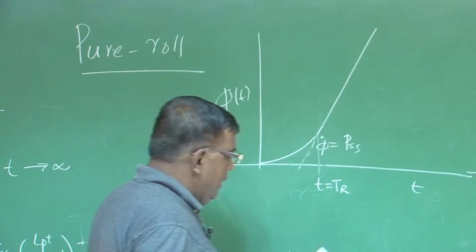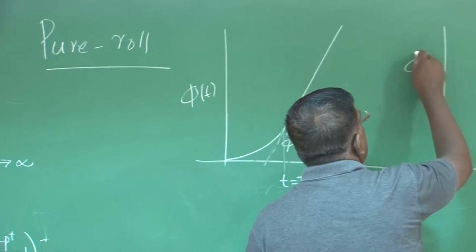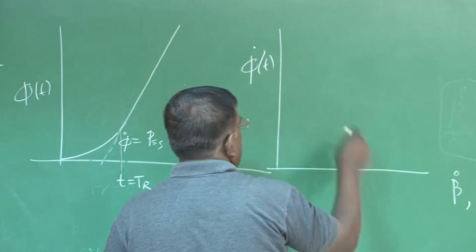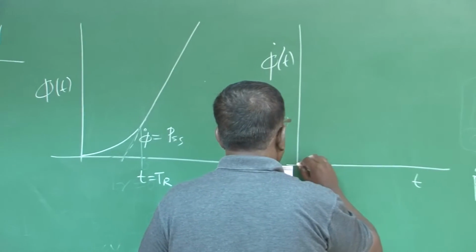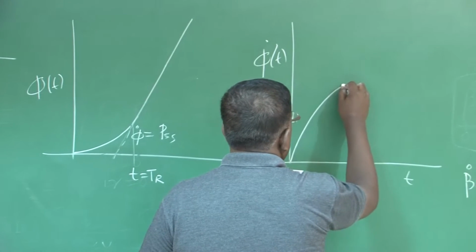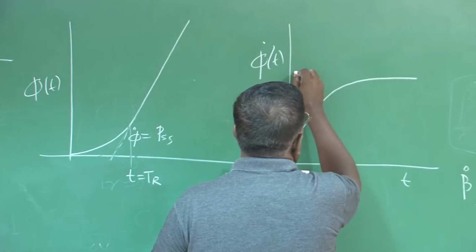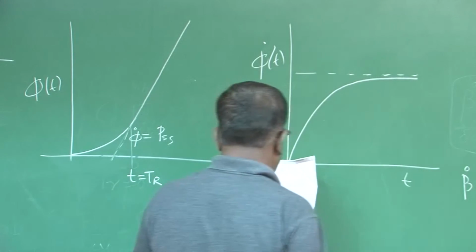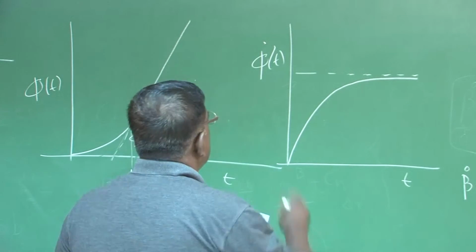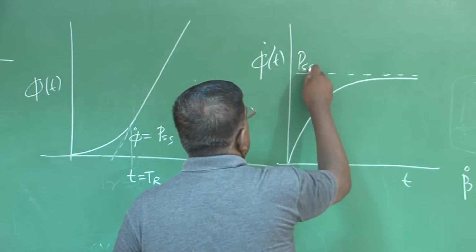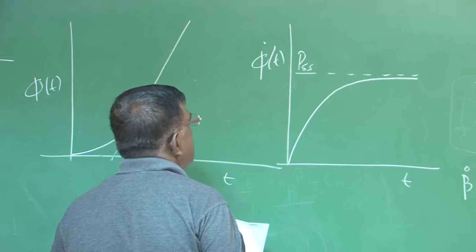And if I see what phi dot is doing, phi dot versus time, you will find that this is p_SS, or steady state p.